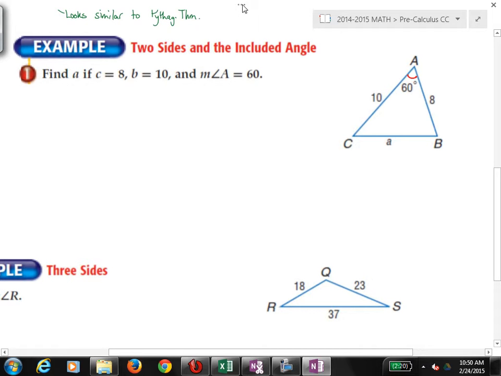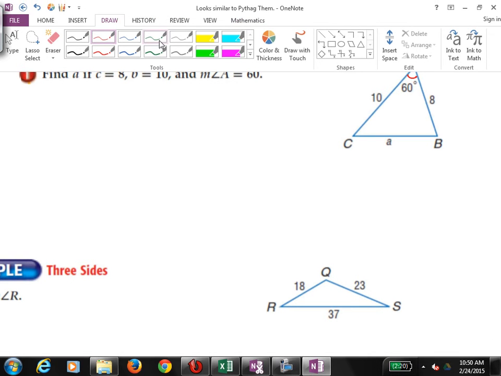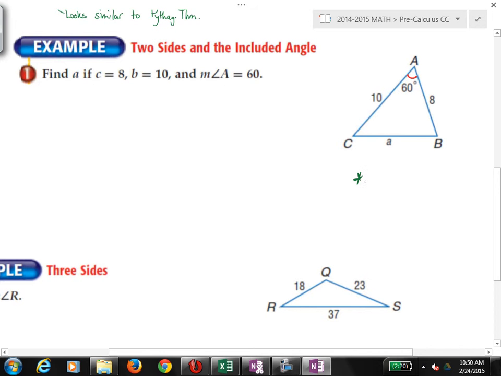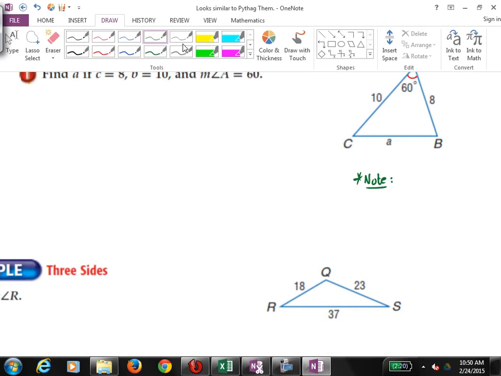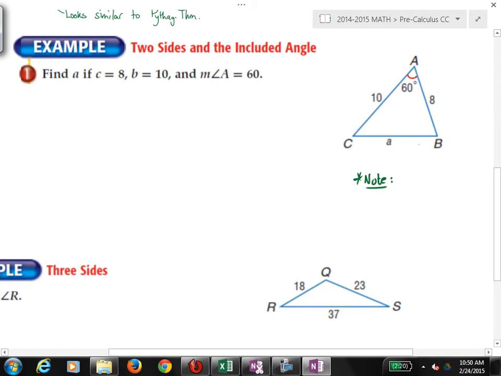Now before I proceed to setting this up, let's make a little note. And let's understand, why can't I use law of sines? There is no opposite side and angle. And remember that we have to start with that given pair.